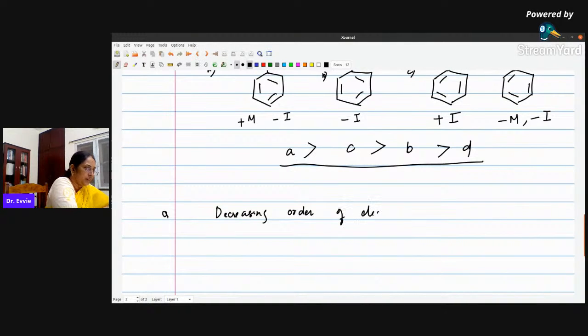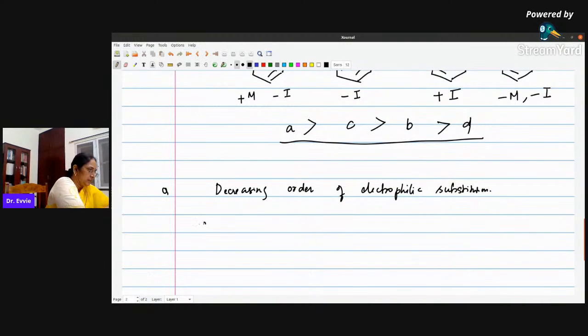Please read the question carefully. Order of electrophilic substitution. So electrophilic substitution means an electrophile will come and attack the benzene ring. If the electrophile has to come and attack, the benzene ring has to have more electron density. So I've explained the question also. Please give the order.